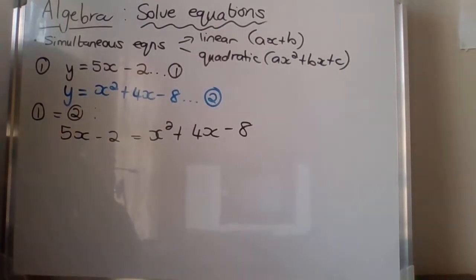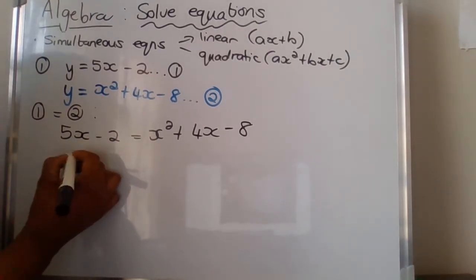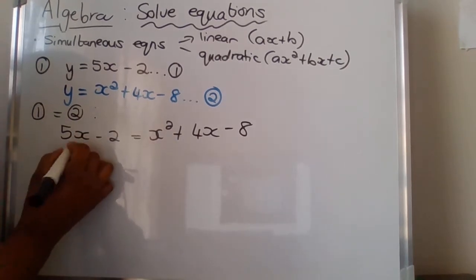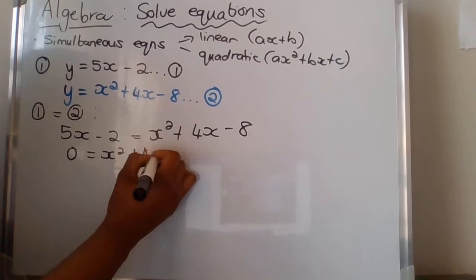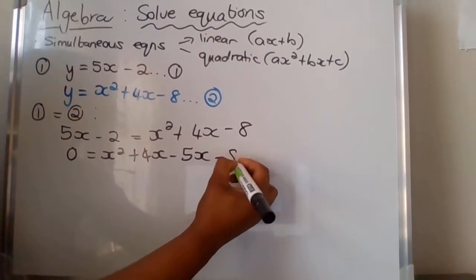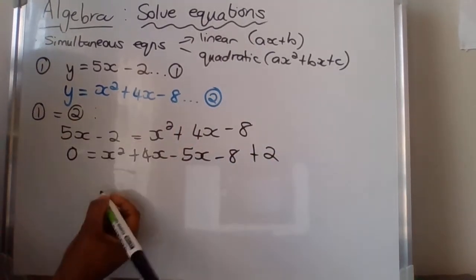So now we're going to solve for x. Let's group our like terms together. I'm moving everything over to the right hand side. So 0 is equal to x squared plus 4x minus 5x minus 8 plus 2. I'm moving these two terms over to that side.